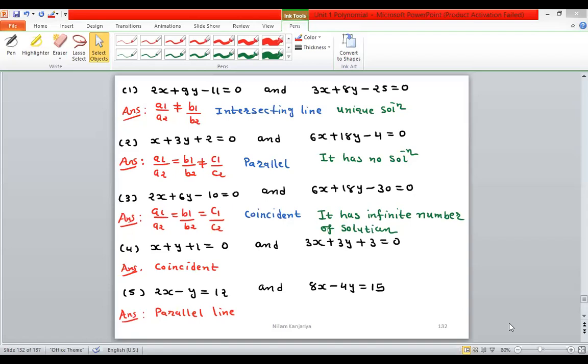Number 6. Present, ma'am. Number 7. Number 8. Present, ma'am. Number 9. Present, ma'am. Number 10. Present, ma'am. Number 11 joined but has left. Okay. 12.